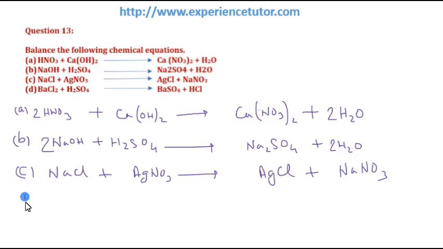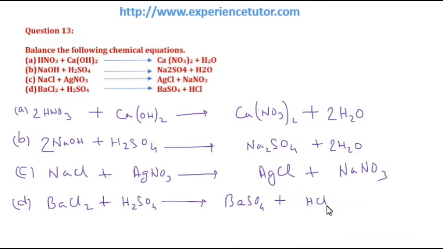The fourth one, BaCl2 plus H2SO4 gives BaSO4 plus HCl. Therefore, if we need to balance H, so we'll put 2 here. If we put 2 here, the equation is balanced.